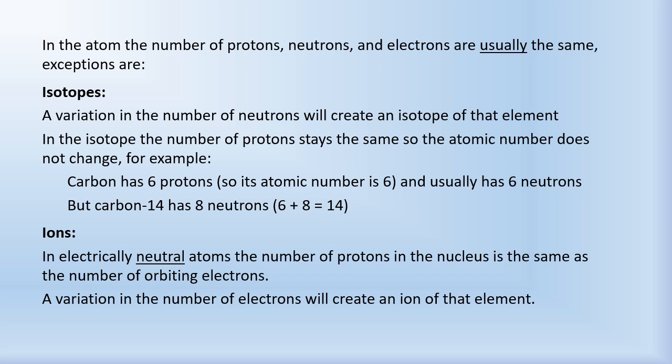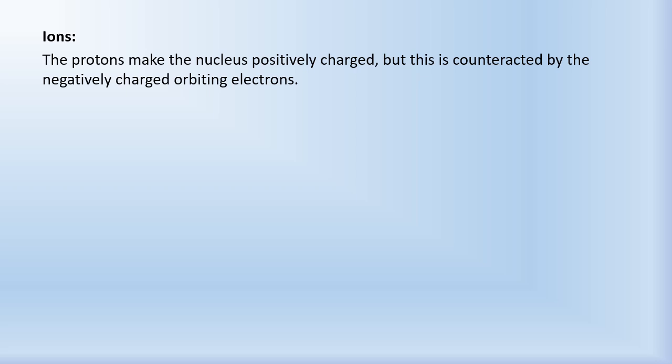I-O-N, not I-R-O-N. The protons make the nucleus positively charged, but this is counteracted by the negatively charged orbiting electrons. Remember, we said that protons are positively charged and electrons negatively charged. Neutrons, of course, being neutral.